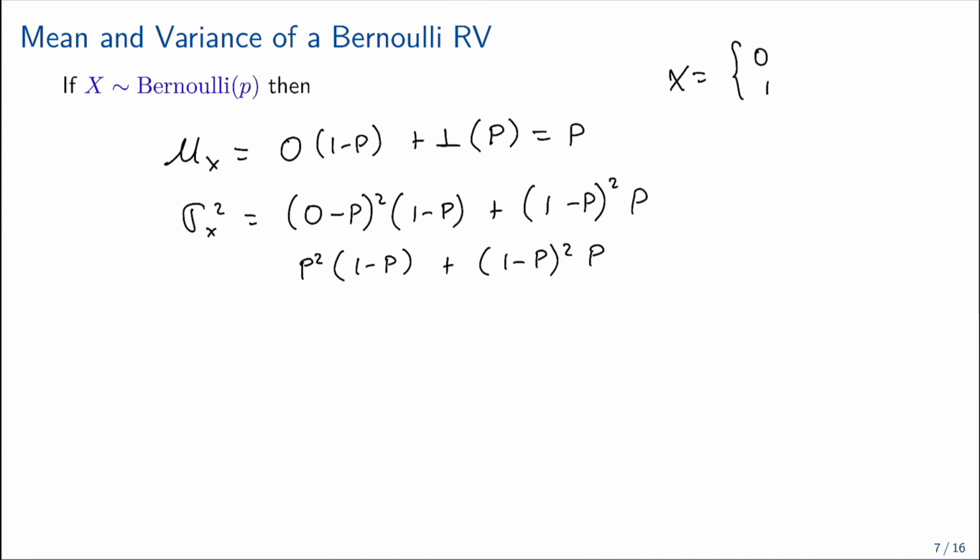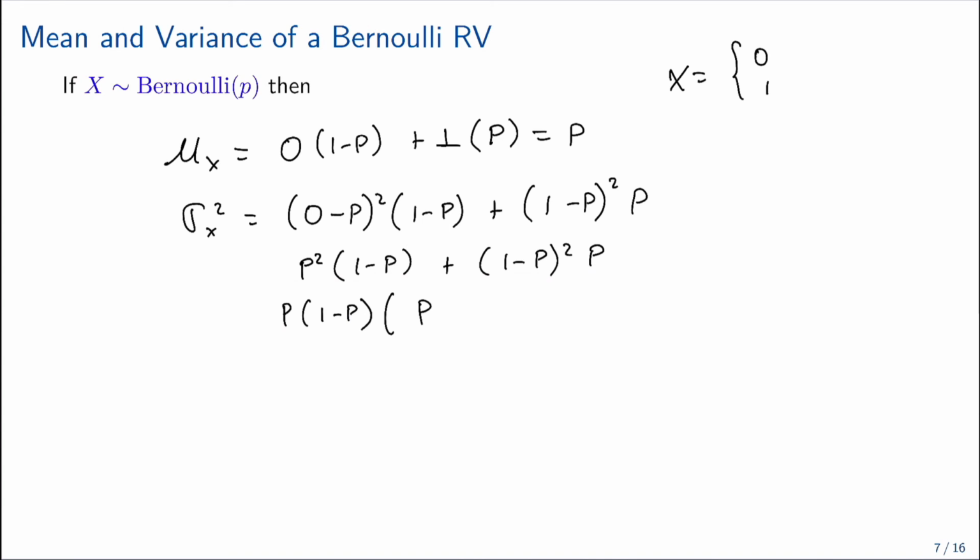So we can factorize p, but we can also factorize 1 minus p from this square. Factorizing p multiplied by 1 minus p, in the first term we are left with p, and in the second term we are left with 1 minus p.